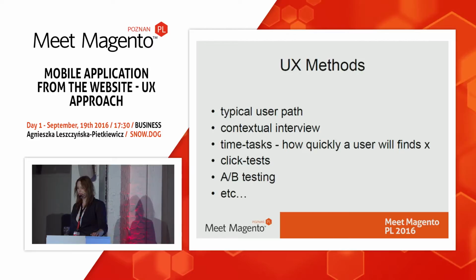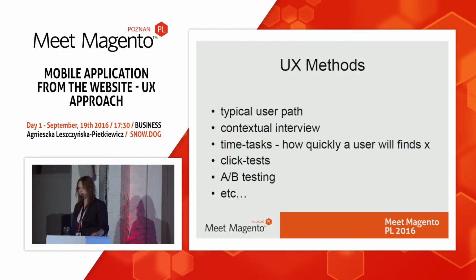You should draw a typical user path for your shop. You can also use a contextual interview. This is very easy. You just take a user, show him your website and give him some task to do, and you just listen to him and see what his flow is, how he follows the application, what he's clicking. This is really easy, you just need patience and time.